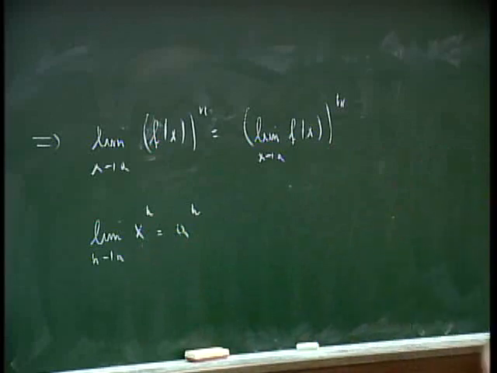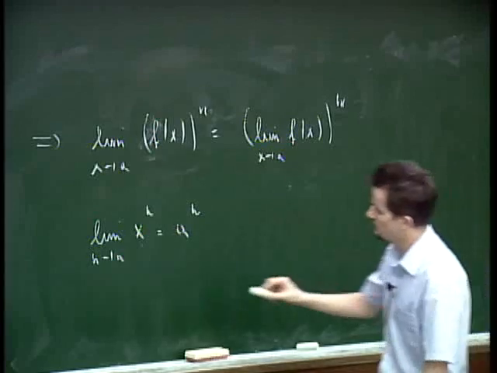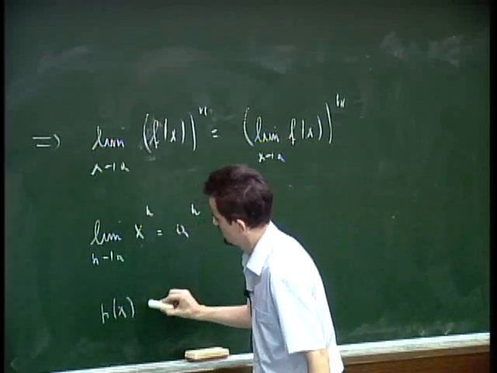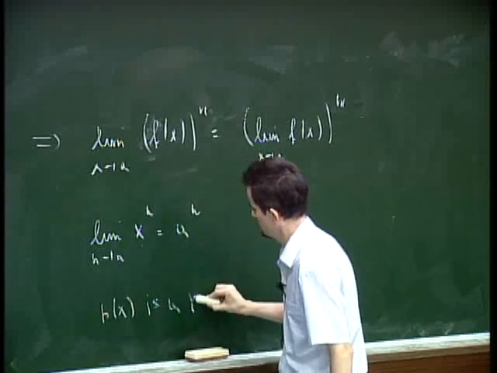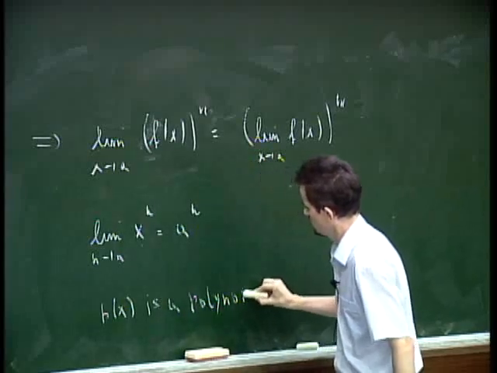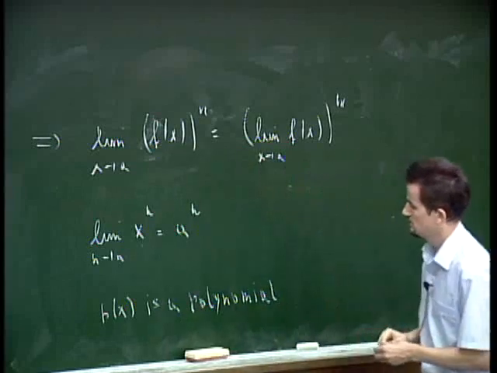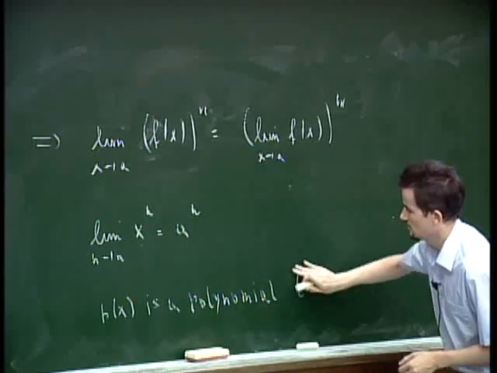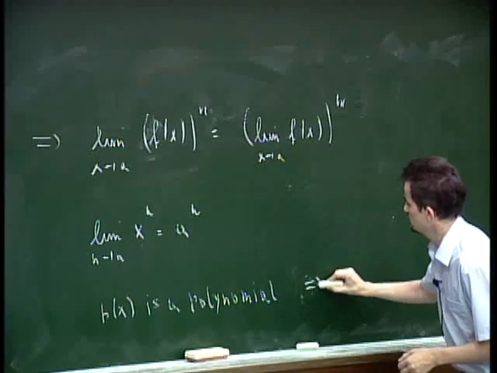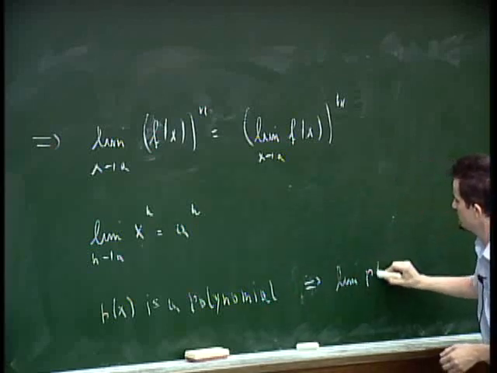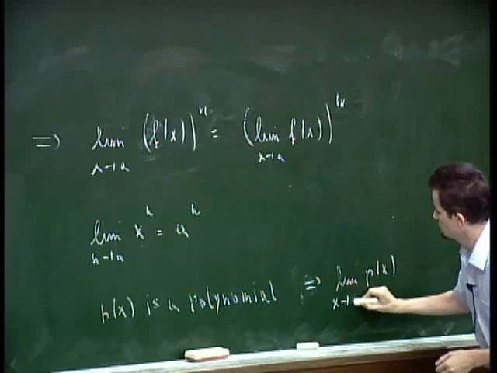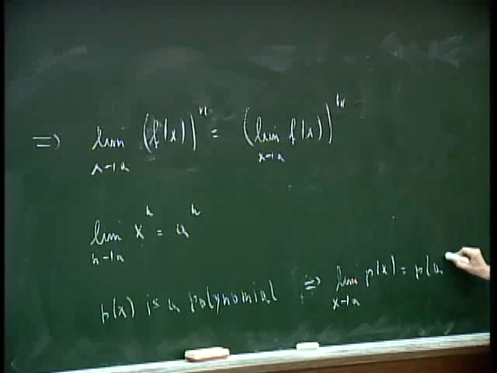And if you combine this with the sum rule, and then with the constant multiple rule and so on, you easily get that whenever p of x is a polynomial, then the limit of p of x is p of a. So very simple in this situation, you just plug in. This is already a consequence from the basic limit laws.